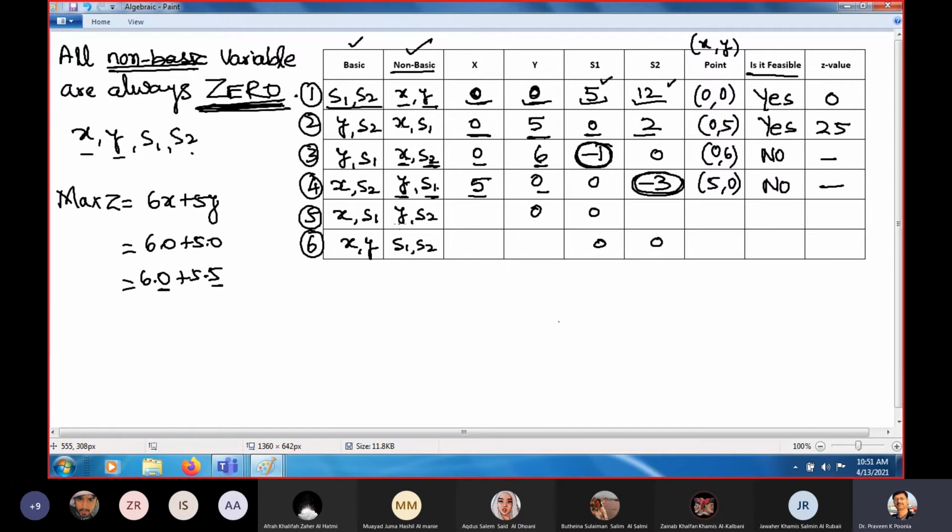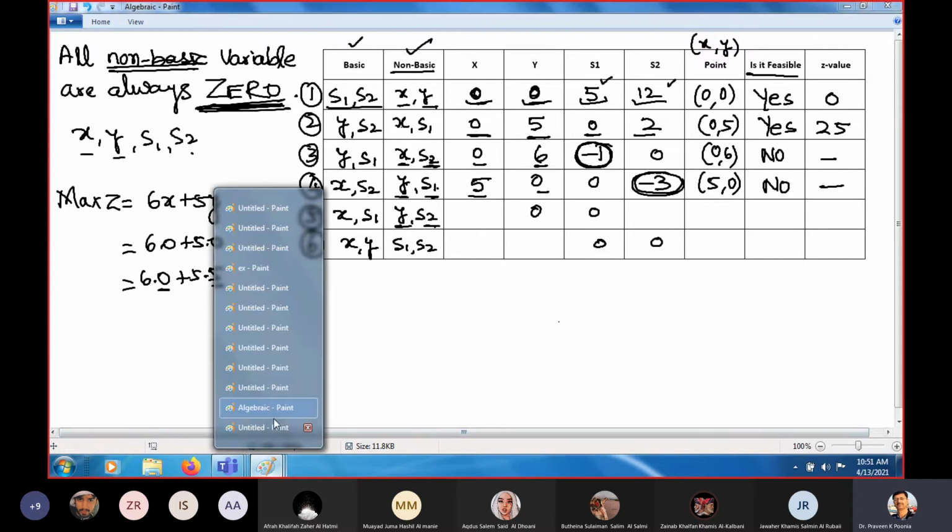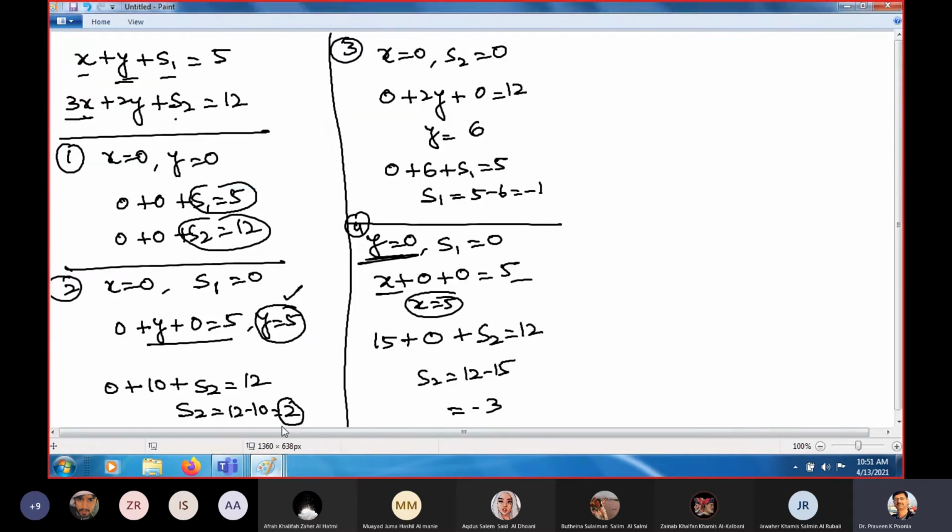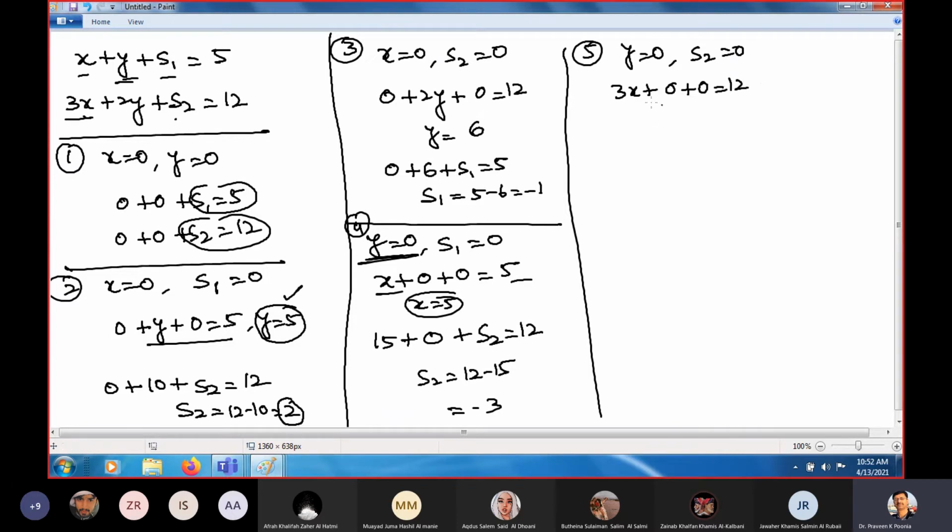Now, the next point, y S2. Y and S2 are 0. Fifth one, y is equal to 0, S2 is equal to 0. So y and S2 are 0 means we'll take second equation. 3x plus y0, S2 0 is equal to 12.